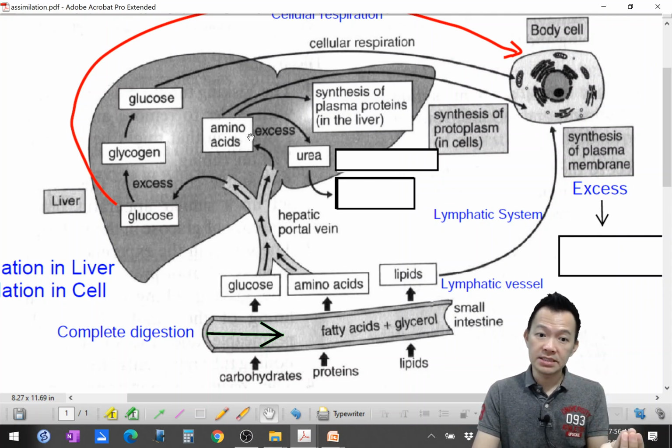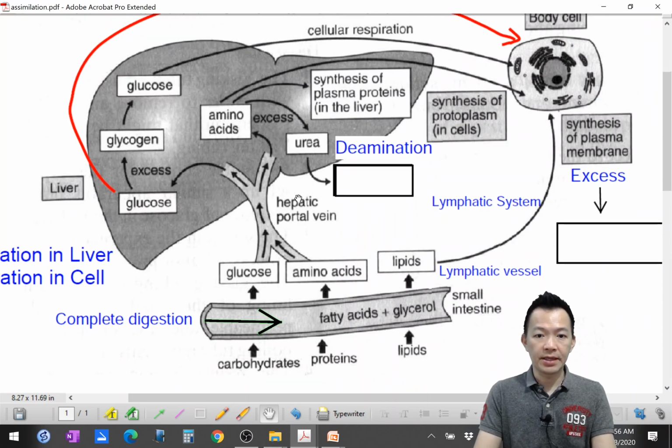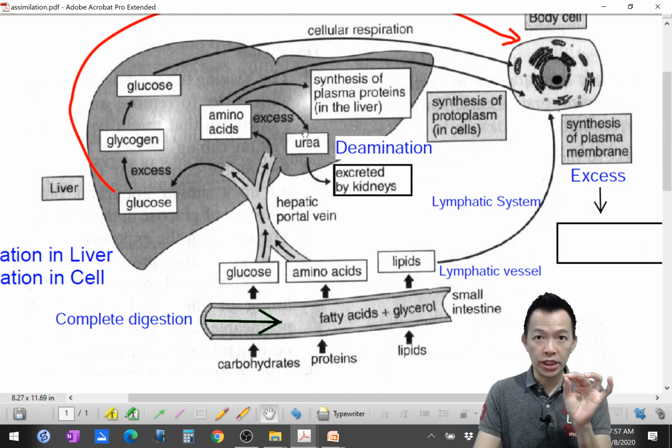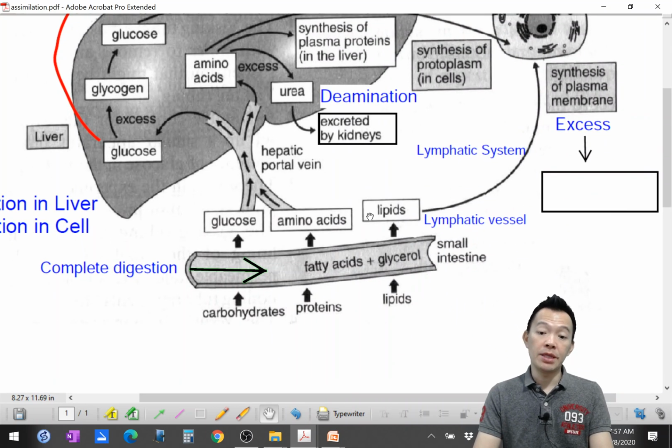The process is called deamination, 就是把那个 amino acid 解散. The urea finally will be sent to the kidney forming urine and be excreted through the urine, 就被我们排掉. So this kind of process is also assimilation in the liver, 就是肝里面怎样把我们的食物处理掉，有时候变成各种各样的东西，有时候送去细胞.